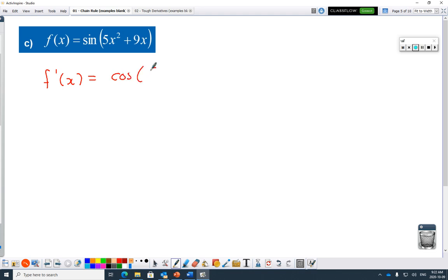And here's where the chain rule comes up. That's the outer when it comes to sine. The derivative of sine is cos, and I kept the inside the same. If you want, this is the u, cos of u. Now I got to go inside of cos and take the derivative. And so I multiply that by 10x plus 9, which is the derivative of the inside.